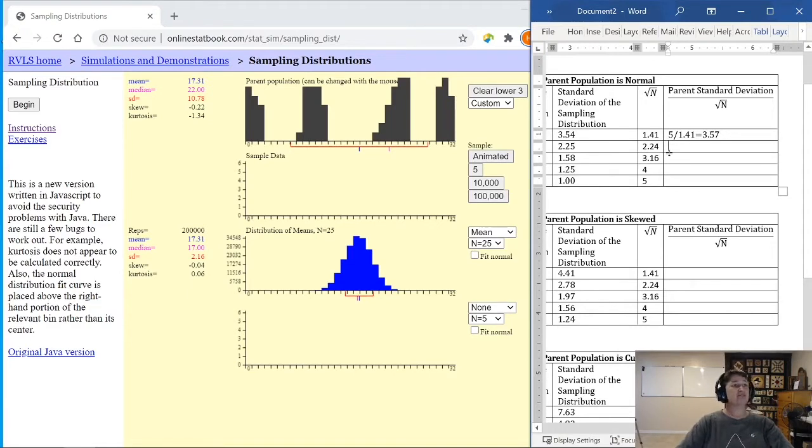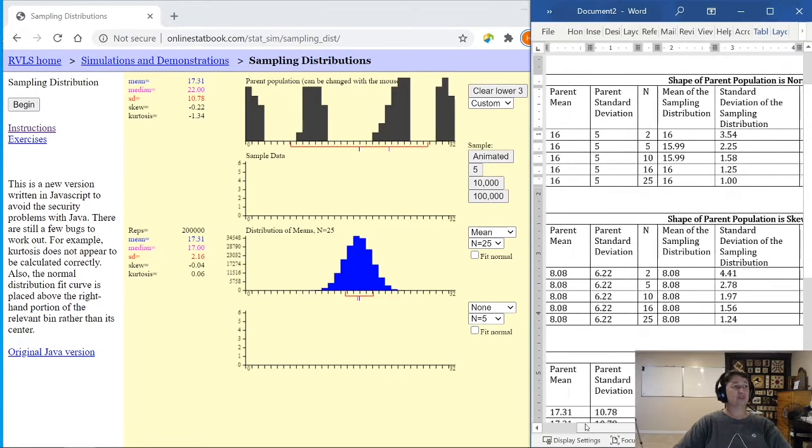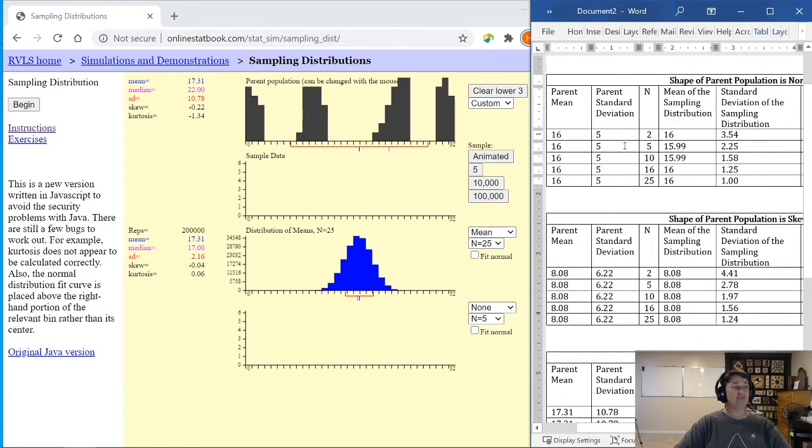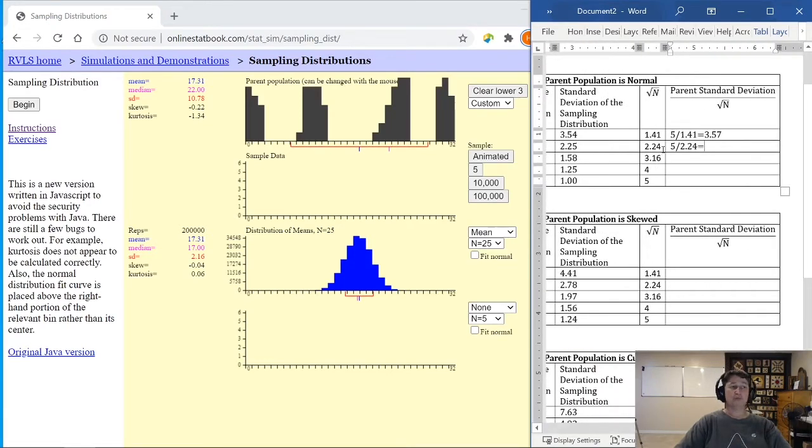My parent standard deviation was still 5, and I'm dividing it by 2.24, the square root of 5. 5 divided by 2.24, I got 2.23.